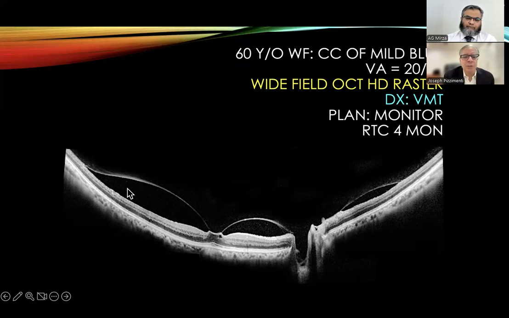The vitreous will separate from the retina on one side of the fovea and then on the other side of the fovea, and it will often remain stuck right here in the foveal center and also around the optic nerve head.